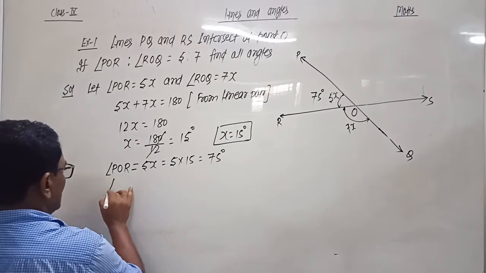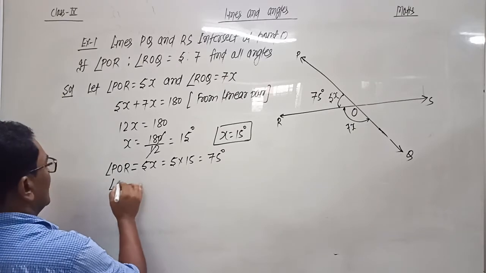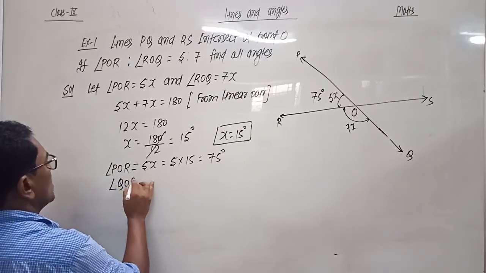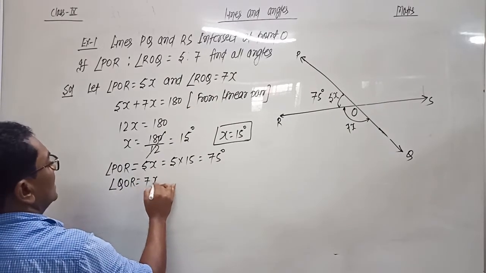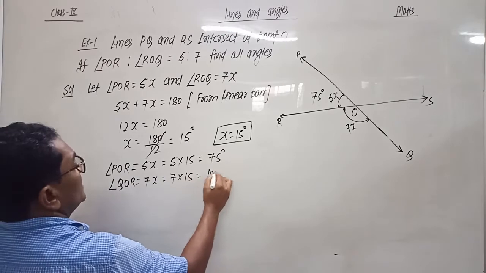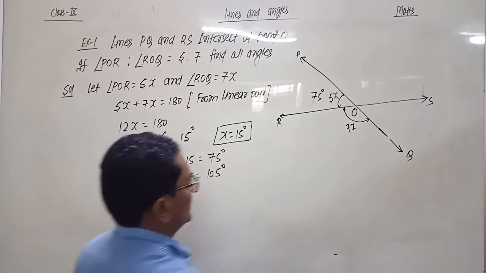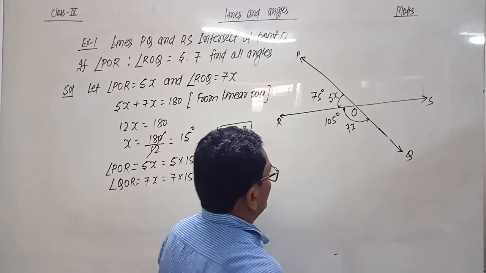So put the value of x. 7x means angle QOR. We have supposed 7x and the value of x is 15. So this will be 105 degrees.